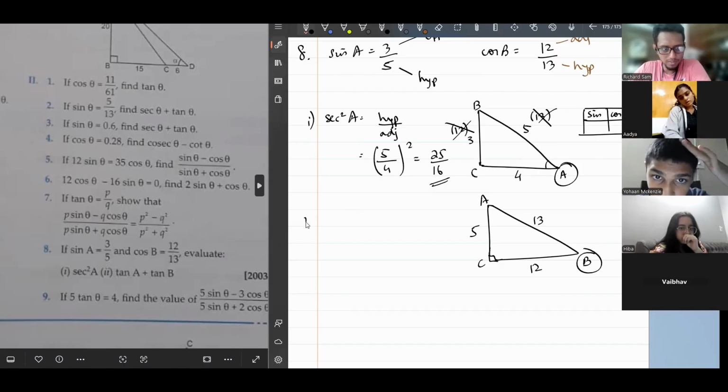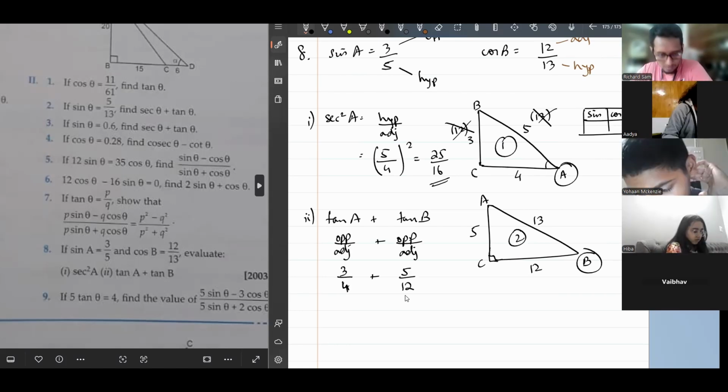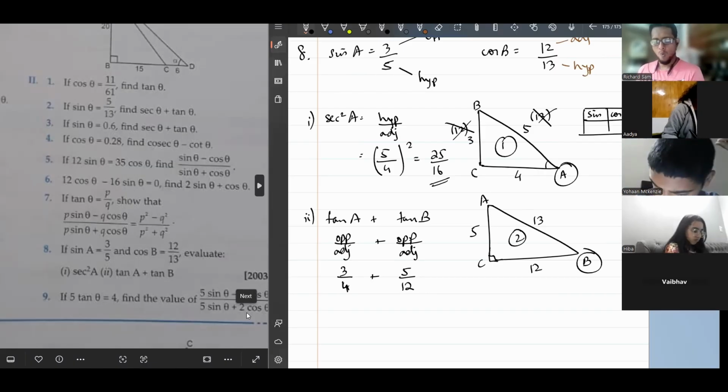Similarly, do the second one also, tan A plus tan B. For tan A, you look at the first triangle. For tan B, you look at the second triangle. Come on, completed everyone? Anyone got the answer? 7 upon 6.